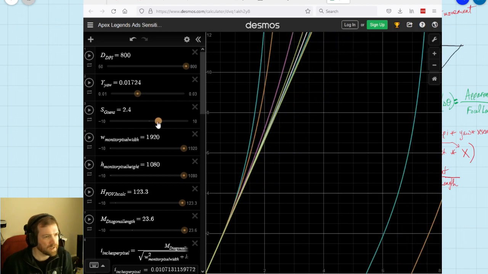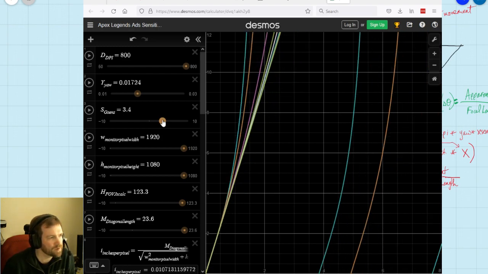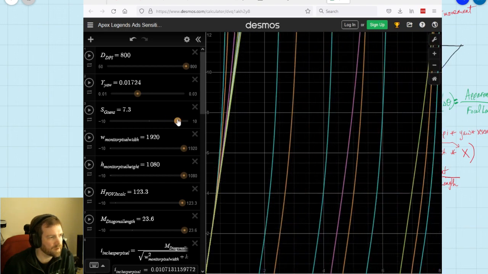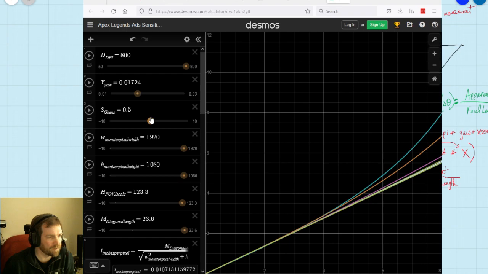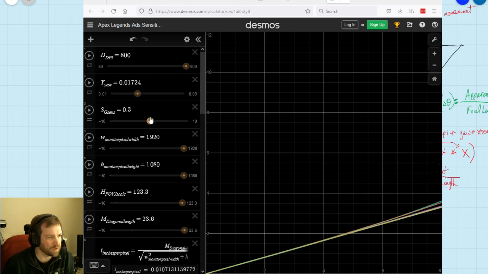Or are you talking tight to the y-axis? I mean, you can make it really sensitive or really insensitive, and again, they all get really close to each other, but that doesn't necessarily mean that's good.